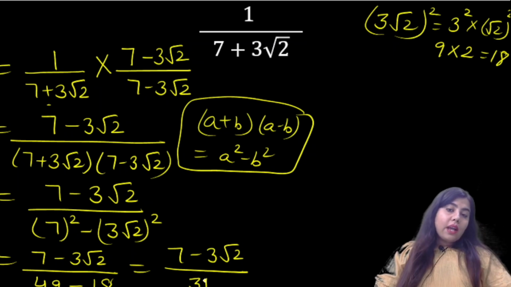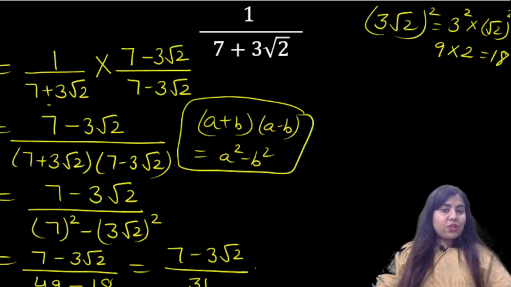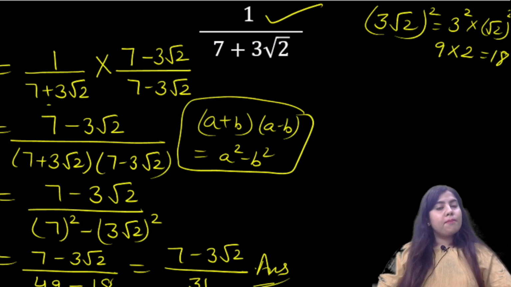So now see, the denominator we get is a rational number. It means this is the equivalent fraction in which we get the denominator as a rational number. So the answer is this after rationalization of this given number. Clear?